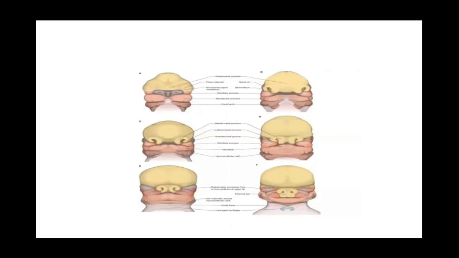This was the area where you had the buccopharyngeal membrane, the purplish one. It ruptures and opens, and that is where you develop your face and the oral cavity. Gradually these fuse and meet together, and the last one, F, is the end product that you get.